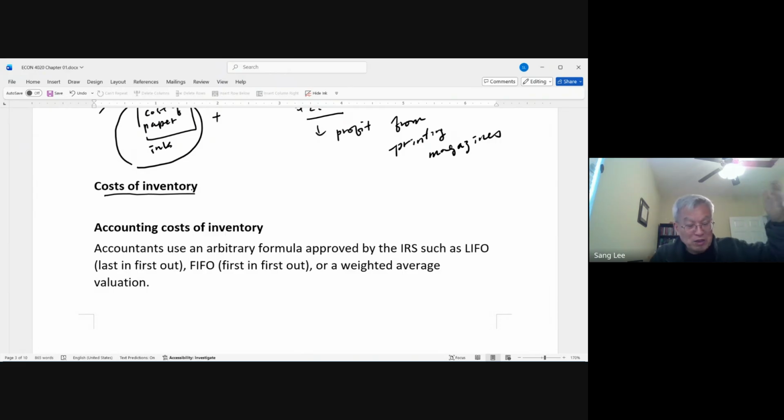Until those products are sold, it incurs a cost, because the store owners have already paid for them, but the store owner is not getting any money back. Then why do they carry inventory? Because it is very important to prevent what we call stock out.